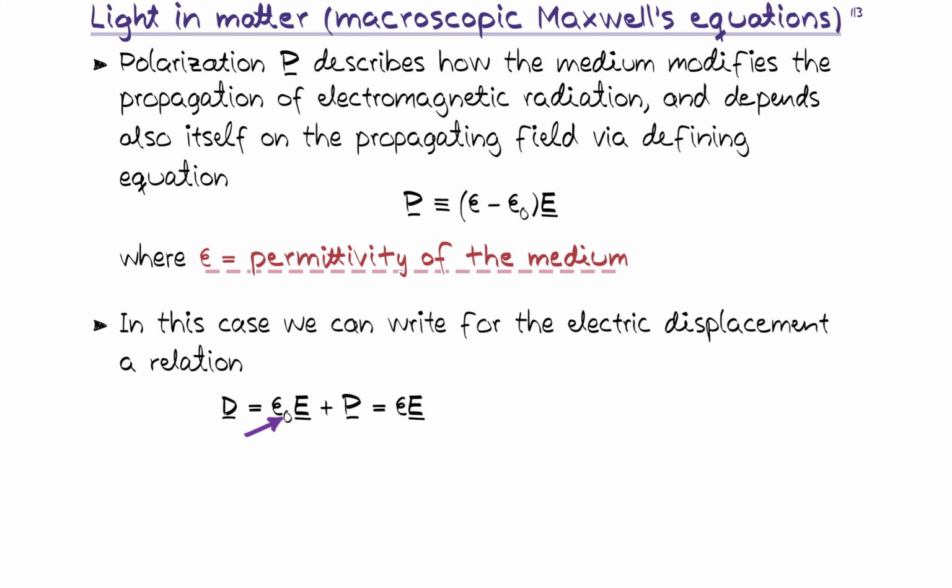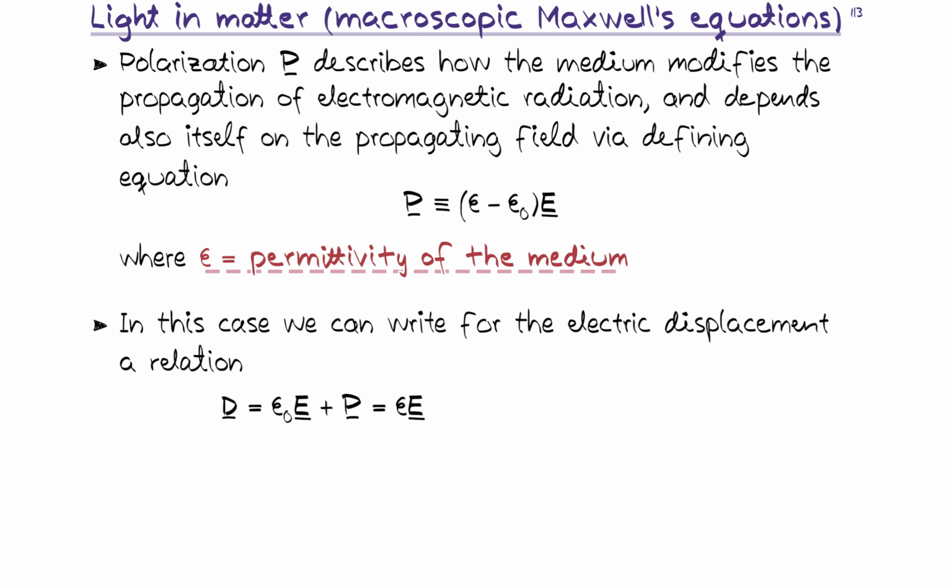And of course the epsilon naught E term vanishes because I have something similar with a different sign here, so what I'm left with is the permittivity of the medium. So essentially now I see that the displacement field also looks like a field quantity: it's the incident field modified somehow by the bulk material.